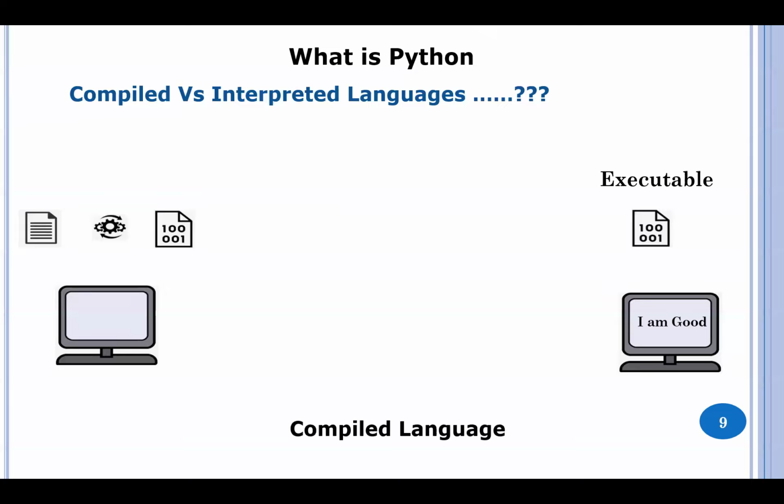Is the result of compiler based language. So if you have any language which is compiler based, in your machine you have written the code, you have used the compiler, you converted your code to the machine language code, and that file you have sent to the client. Client directly double clicked, ran it, he got the output and he is happy.